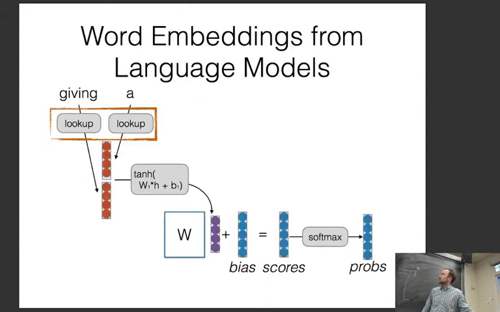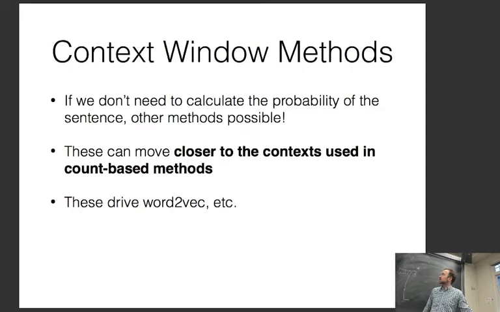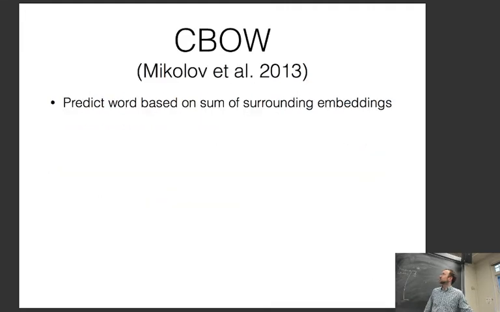While language models generally only use things on the left because we need to multiply probabilities together according to the chain rule to get a valid probability for the sentence. So by relaxing the constraint that we have to calculate valid probabilities, we can use information on both sides. And these kinds of models drive Word2Vec, et cetera.